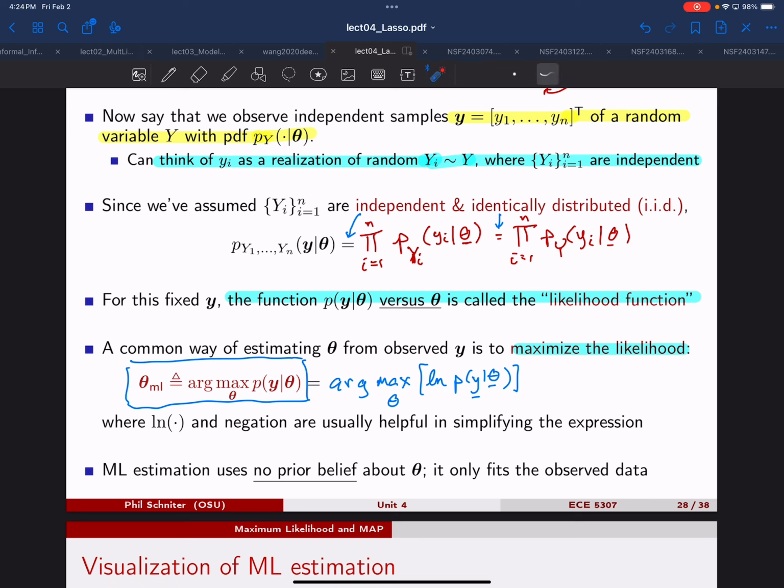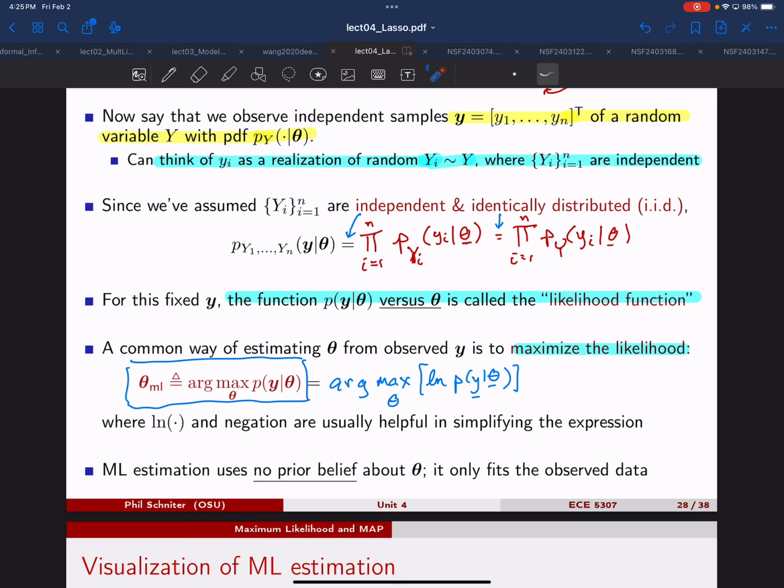The reason we can sneak this natural log in there is because the natural log is a monotonically increasing function. What that means is if you have a bunch of samples and you want to pick the best one, it's the same if you pass all those samples through a monotonically increasing function, because that function will preserve which is the best one. So that's why you can always sneak in a function here that's monotonically increasing.